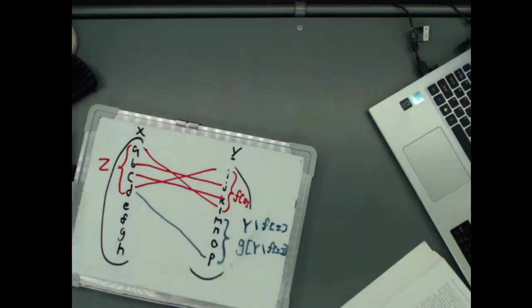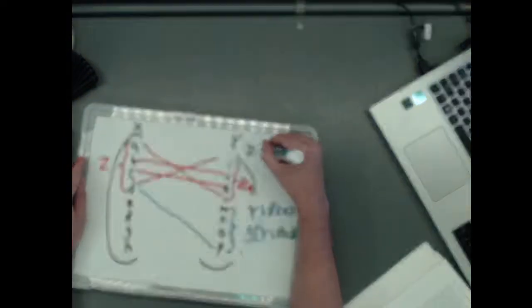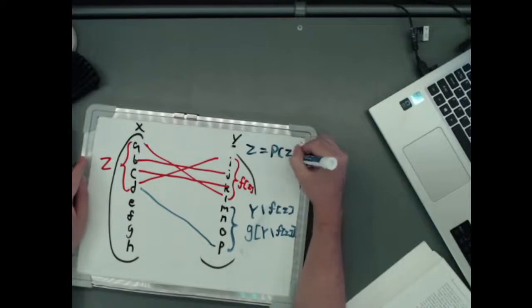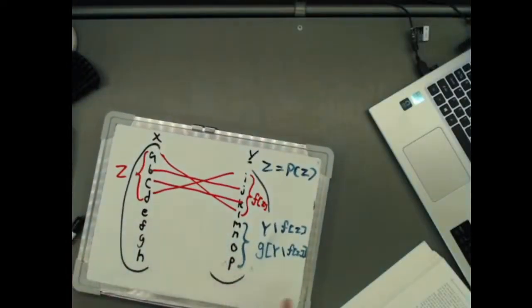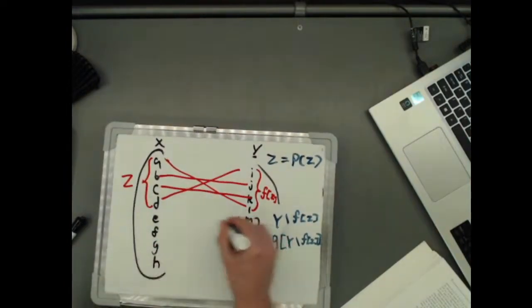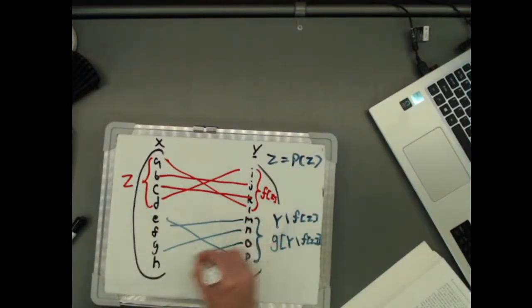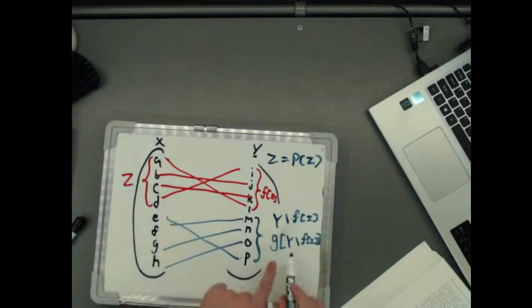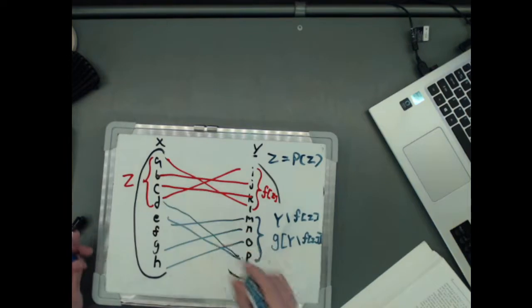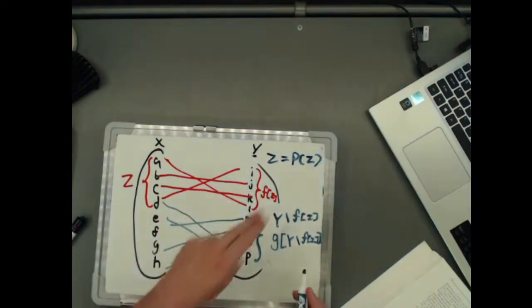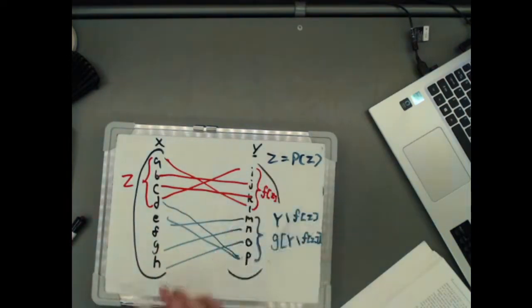P cannot map to D. Why is that? Because Z is equal to P of Z. And P of Z would be, if you remember the function P, all the elements in X that weren't mapped to by g of Y minus f of Z. So if P did map to D, well then D would not be inside P of Z, and Z would not equal P of Z.